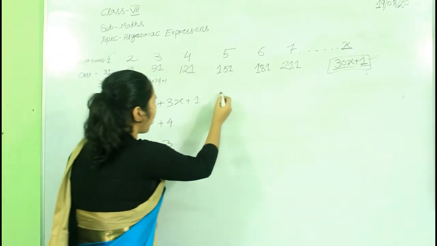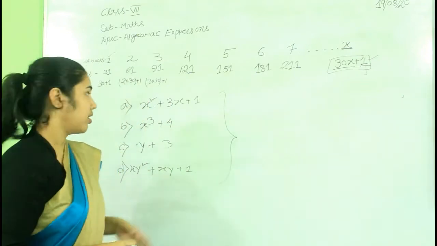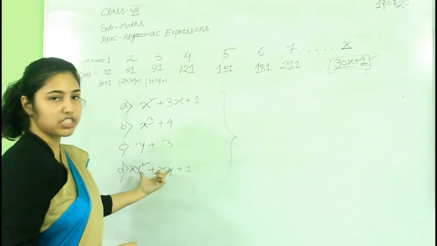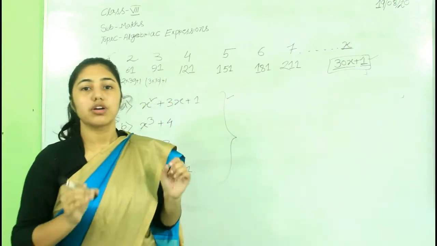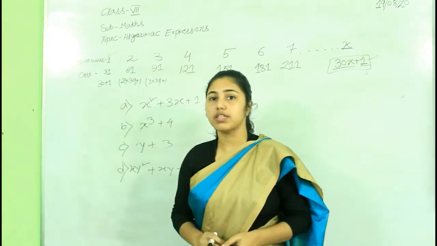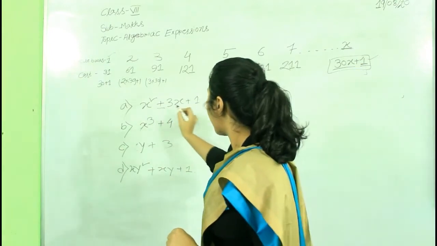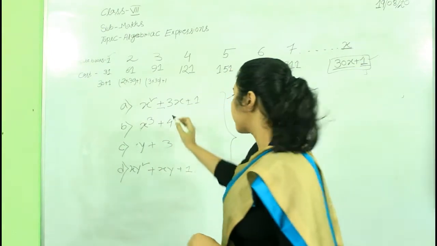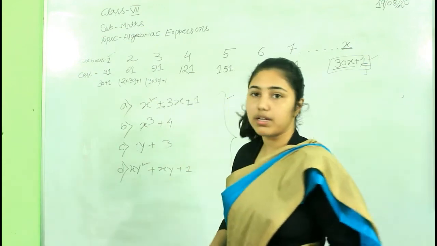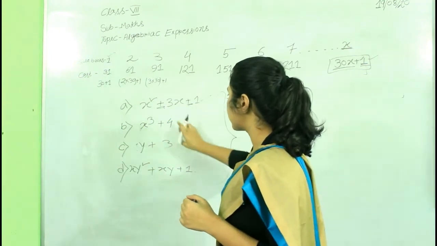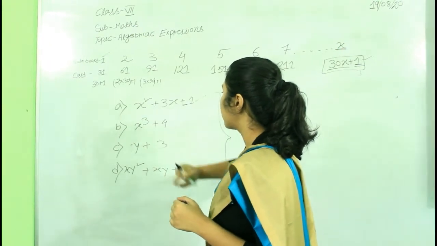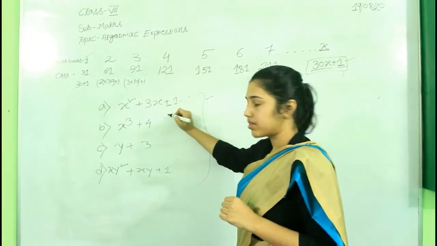Now, all are algebraic expressions because all these expressions have a combination of constants and variables with the sign of fundamental operations, which here in this expression is plus, right?